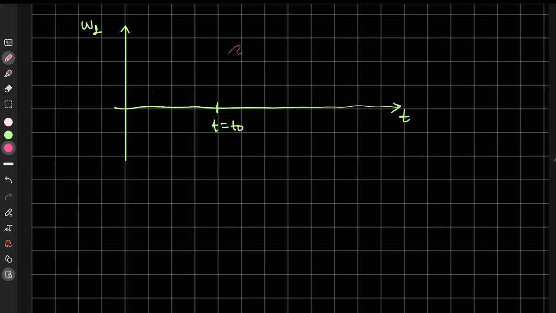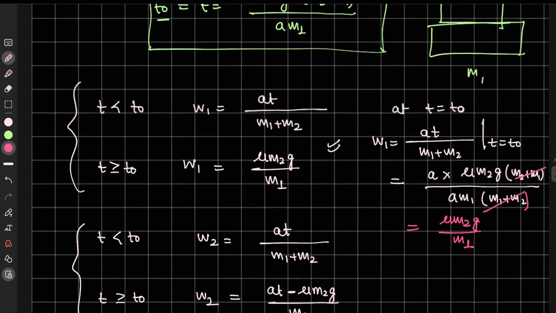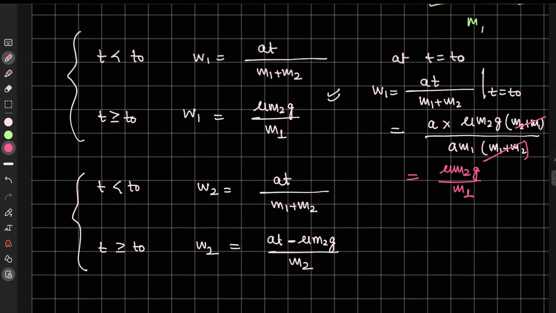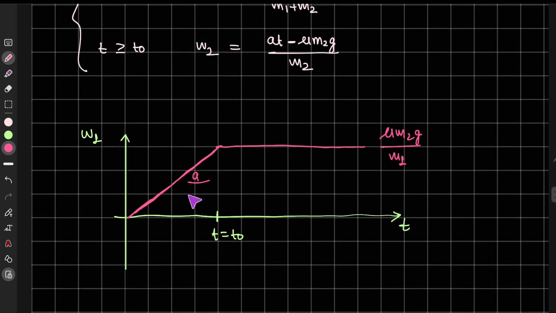From here to here it will vary linearly, and after that we can see that this is constant. And what is the constant value? That is mu m2g whole divided by m1, and it is varying linearly, and the slope of this particular line is a upon m1 plus m2.